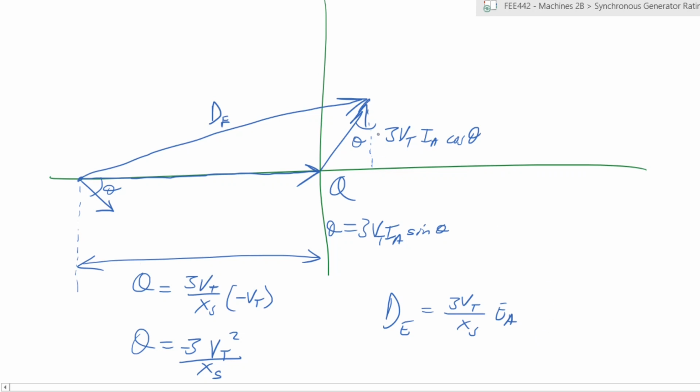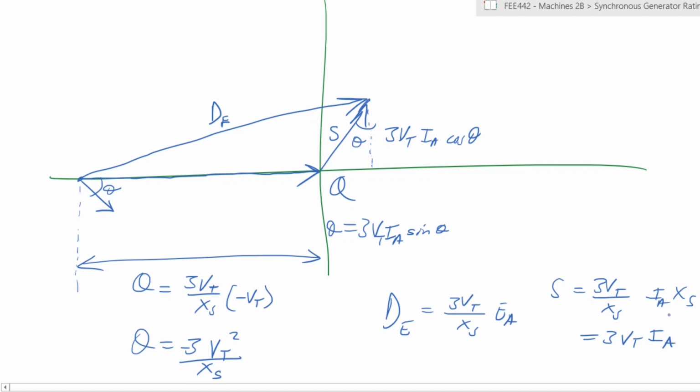And S, which is here, S would be equal to 3VT over XS into IA XS, which is equal to 3VT IA. Right? So those are the main components of your phasor diagram converted to a power diagram.